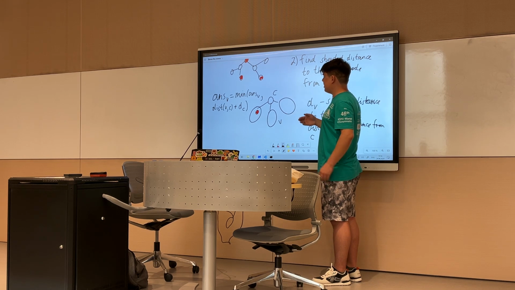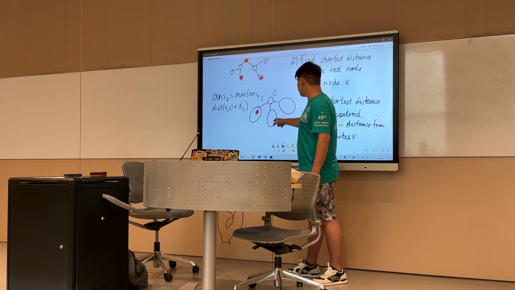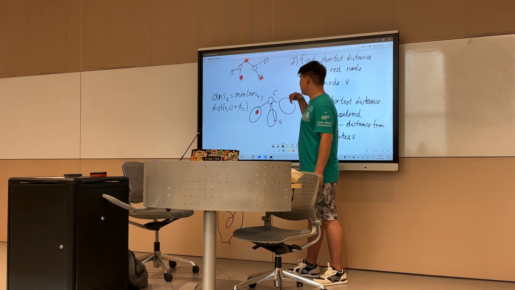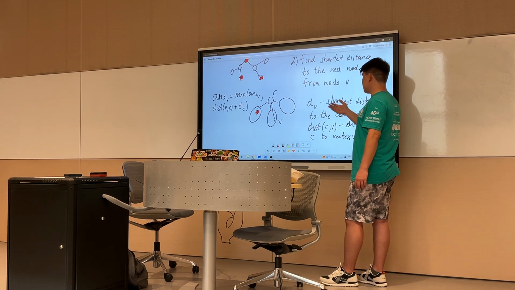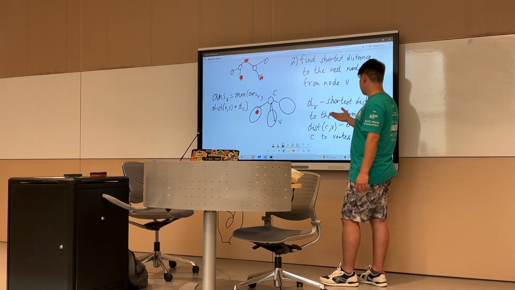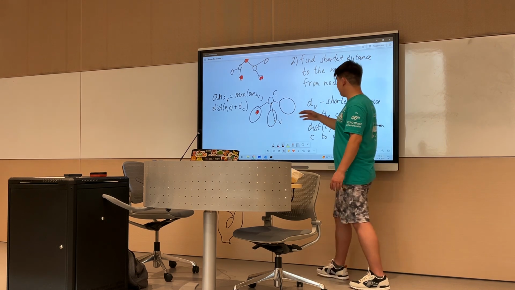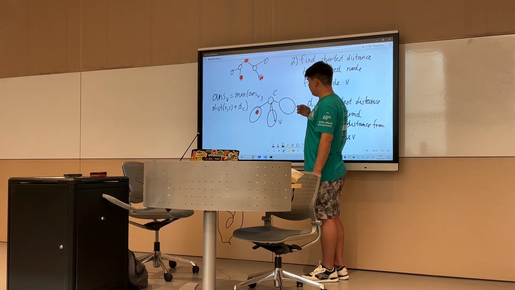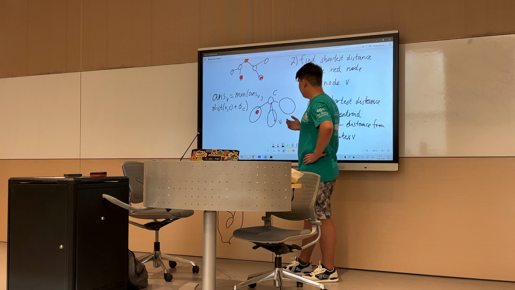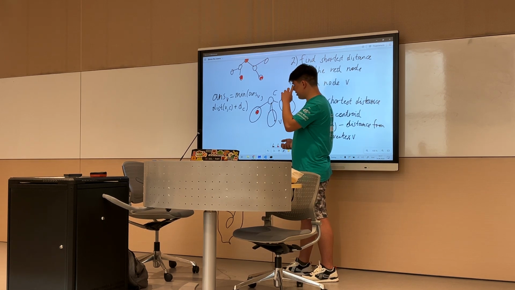For every vertex, we say that the answer will be at most the distance from that vertex to the centroid, and we calculate for our centroid the shortest distance from the red vertex to our centroid, and that will be right when V and our red vertex lie in different subtrees.